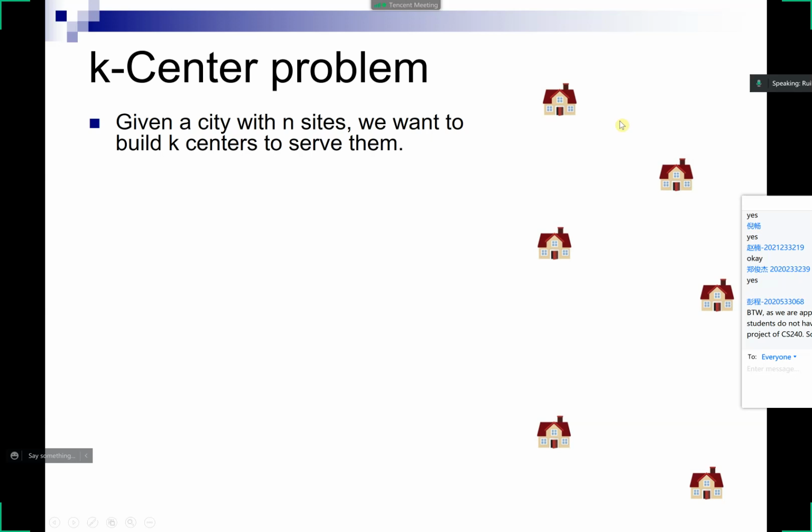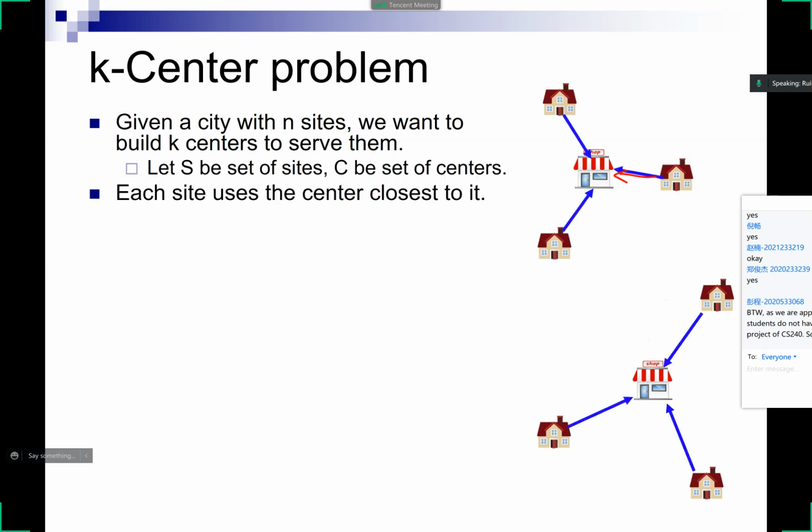For example, if you put the grocery stores here, then we assume that every house is going to go to the grocery store which is closest to it. For example, this house over here is going to go to this store and not this other store. So every house will go to the nearest grocery store. If you put the stores in these places, then the longest distance that anybody has to travel is maybe this distance.